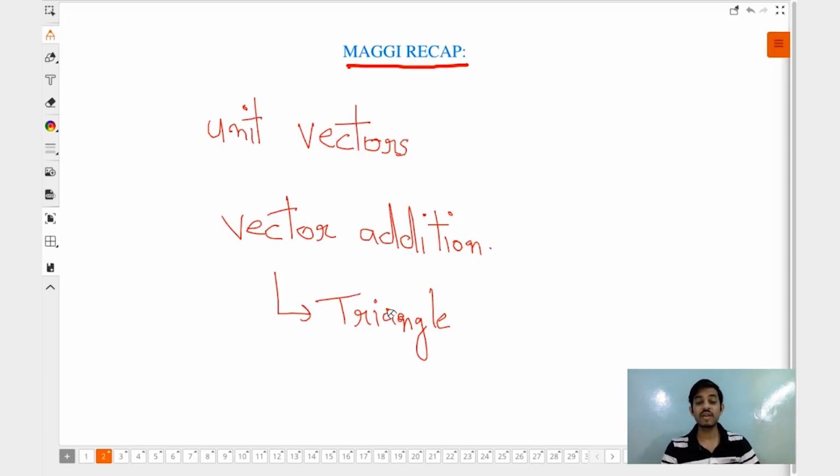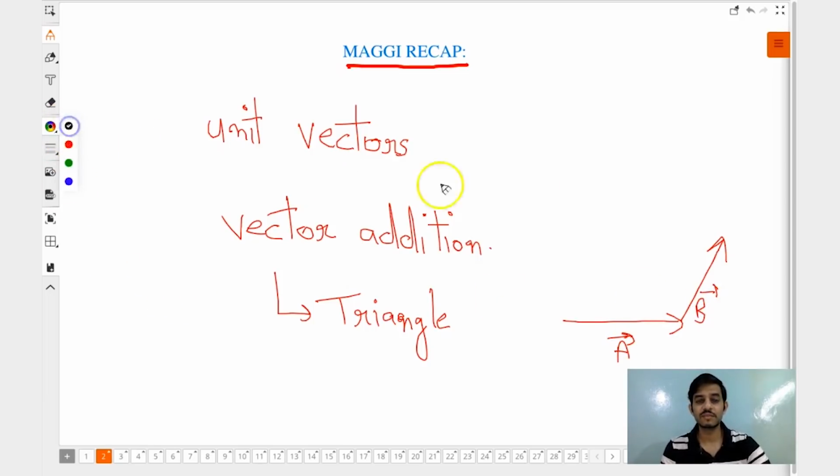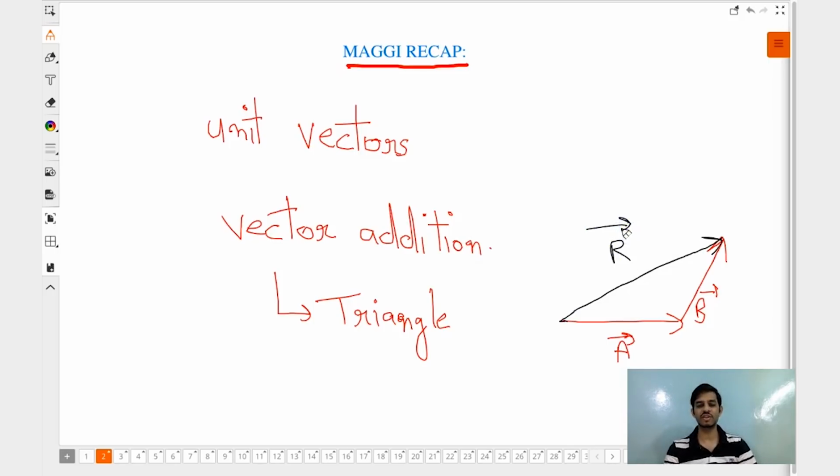So if 2 vectors are represented by 2 sides of a triangle taken in order, then their resultant is given by the third side taken in opposite order. Guys, याद आ रहा है कुछ definition? Okay, this was the triangle law of vector addition.